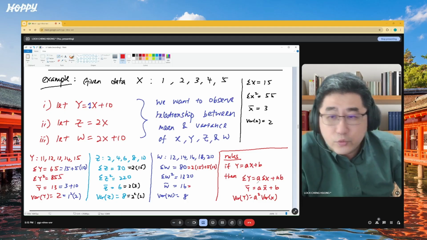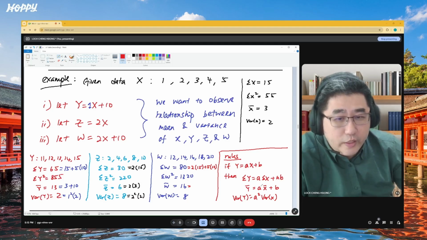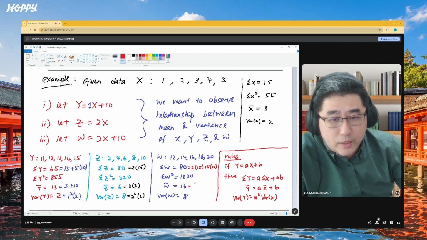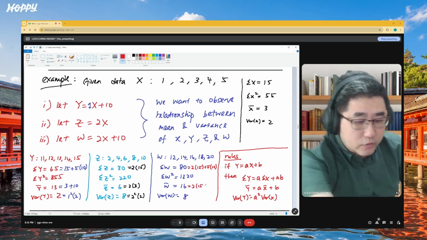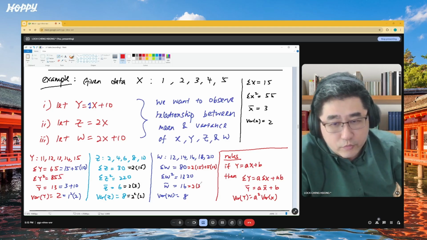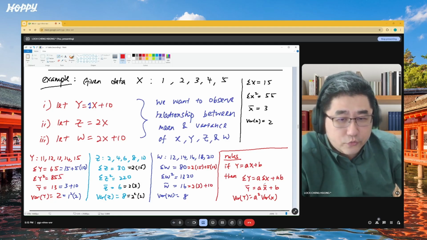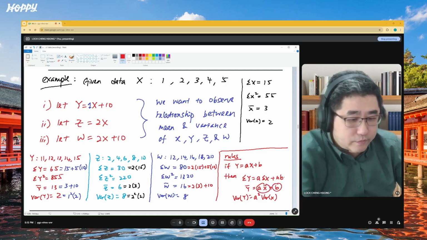The w, we have a, okay, bar w. So a times 3 plus 10. Okay, a, so 2 times of 15, or a 2 times of 3. So this is a 3 here, sorry. 3 plus by 10. So you can see 2 times of 3 plus by 10.